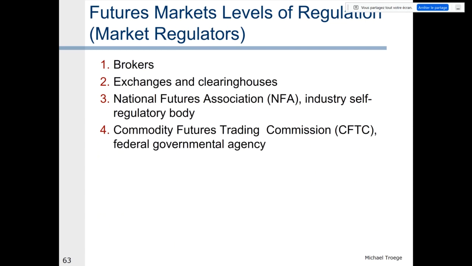To a certain extent, maybe, but it is clear that these self-regulatory bodies are not very tough on their members. There are a lot of scandals where it has been shown that the National Futures Association has not correctly examined brokers, though they supervise brokers, for example, and has allowed, for example, brokers to manipulate their accounts, these kinds of things.